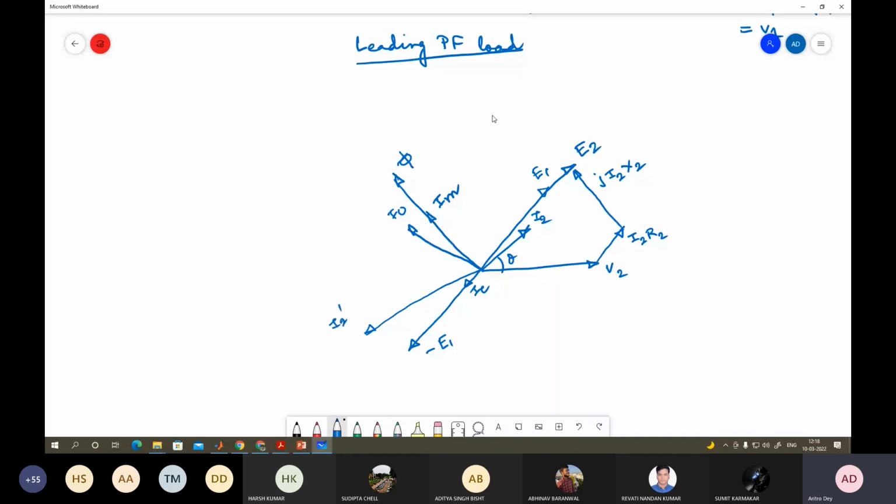This is just 180-degree out of phase, and the magnitude will be multiplied because it is N2 by N1. And you can complete your parallelogram here. This is your I1.